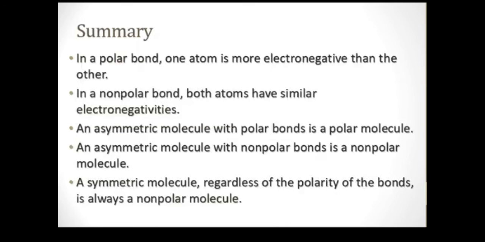Let's talk about asymmetric molecules. If you have an asymmetric molecule with polar bonds, then the whole molecule is polar. If you have an asymmetrical molecule with all nonpolar bonds, then the whole molecule is nonpolar.